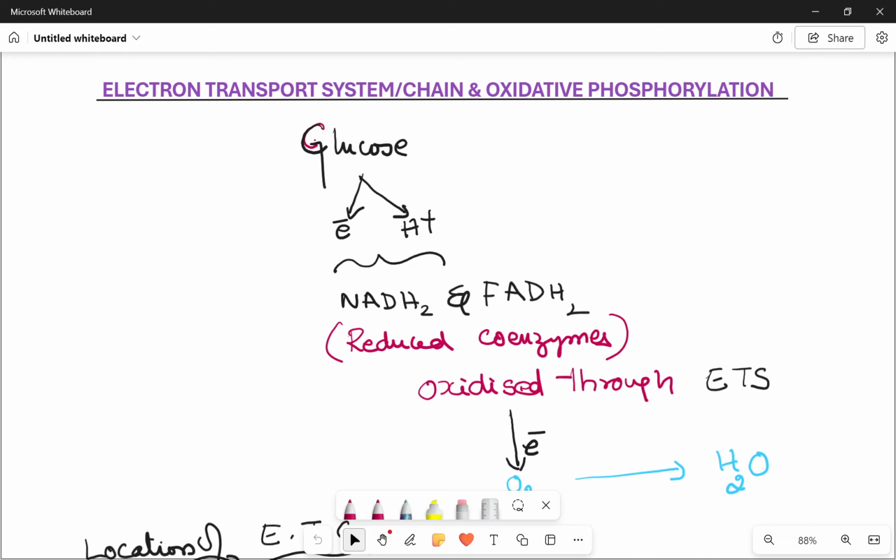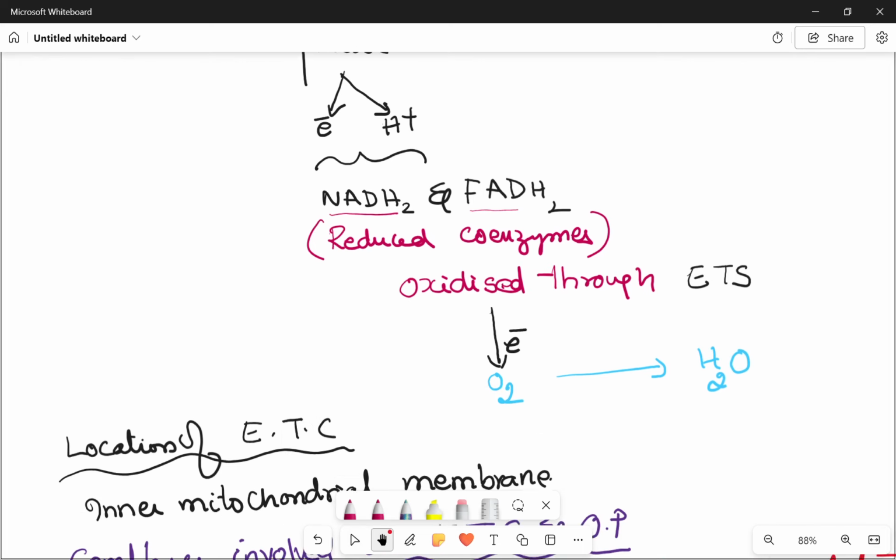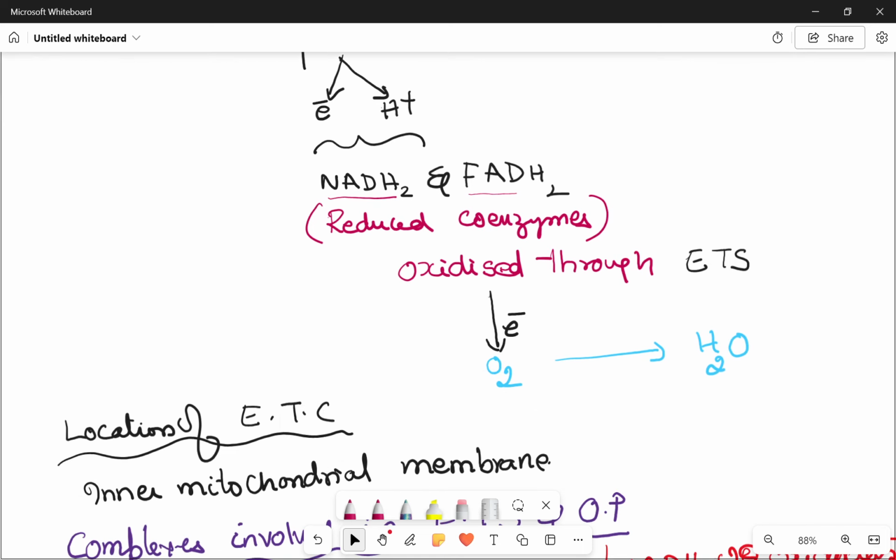Those are stored in the NADH2 or FADH2. After taking those electrons, these NADH2 and FADH2 we call reduced coenzymes. These NADH2 and FADH2 are oxidized through the electron transport system.